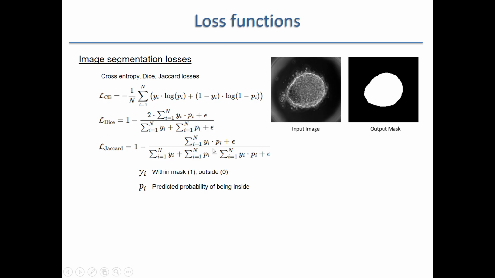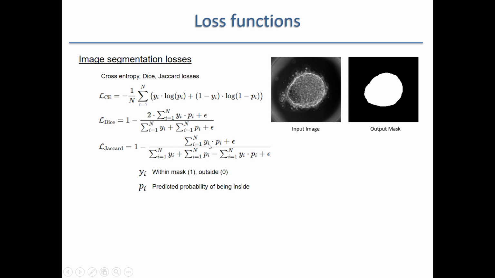Here are more segmentation losses for images. So this cross entropy we have seen. Dice loss is defined this way. Pi is the predicted probability of being inside class 1, and Jaccard is similar.